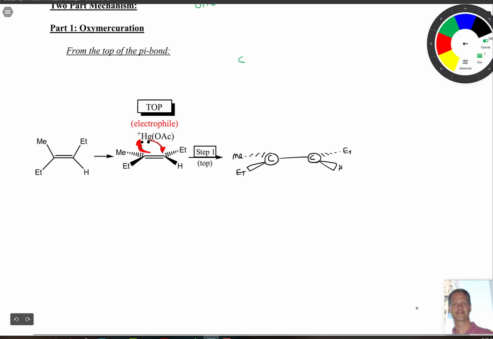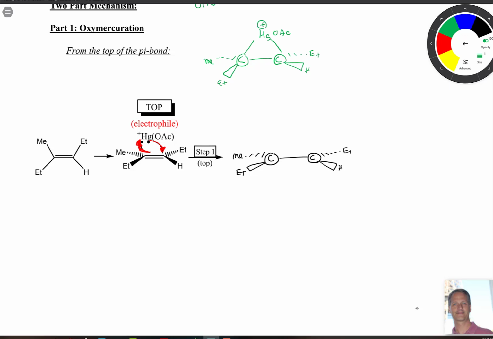What forms here is something that looks like this. You get this little triangle essentially. We still have our groups over here: your ethyl, your methyl, your H, and that was an ethyl. And then the Hg is attached to stuff, so it's HgOAc, and it still has a positive charge on it.